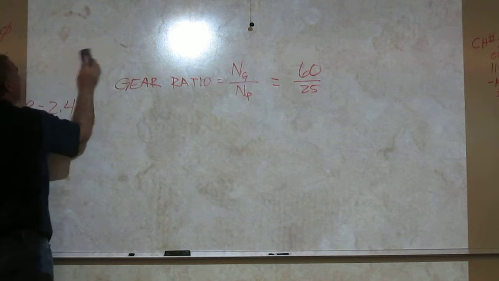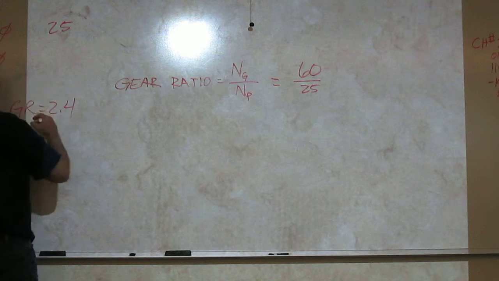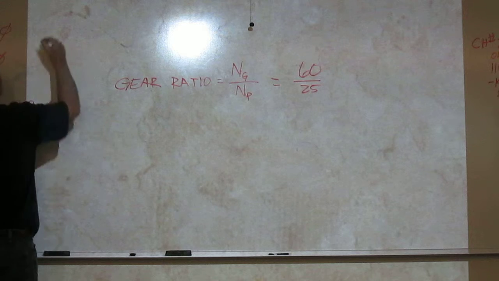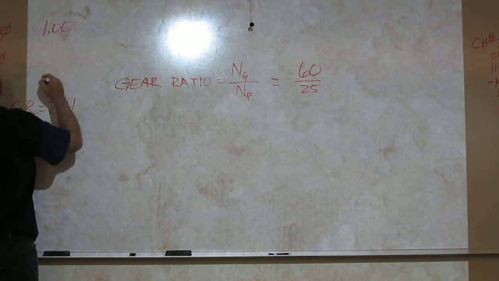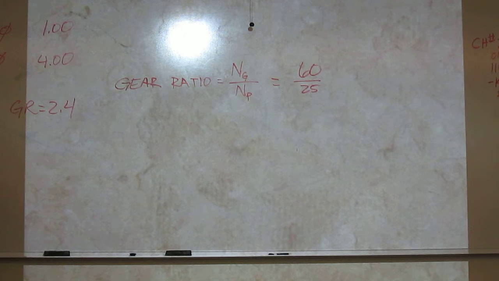So if I have a diameter of 1 inch and a diameter of 4 inches on the gear, what's my gear ratio? 4. Don't have to have a number of teeth. You can do it by diameter.